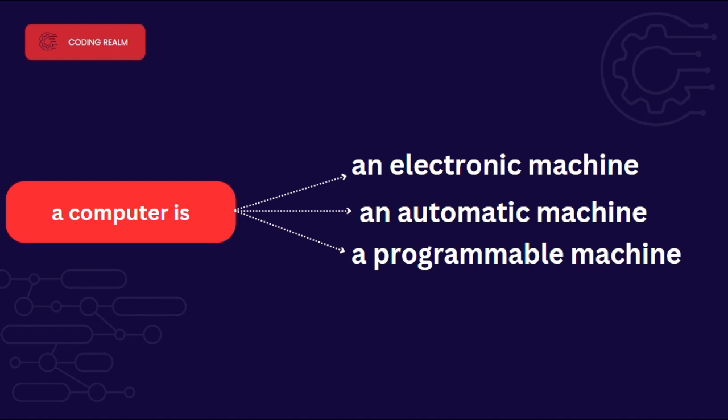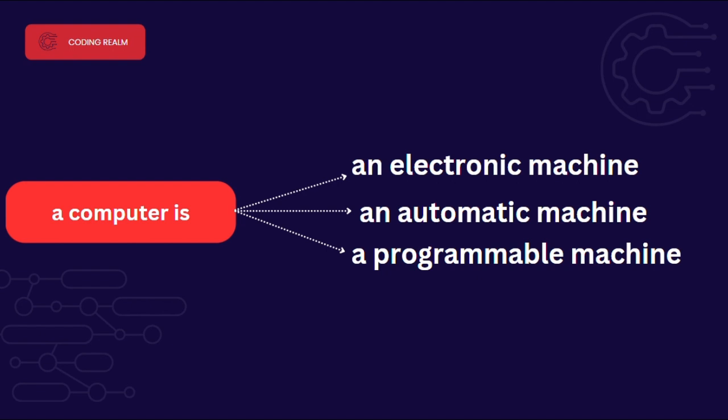A computer is an electronic machine. Why is the computer an electronic machine? Because it is made with electronic components like the motherboard, the screen, keyboard, etc. The computer is an automatic machine because it operates and performs tasks with minimal human intervention.